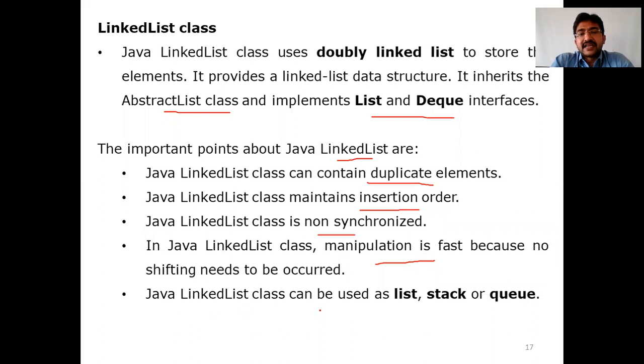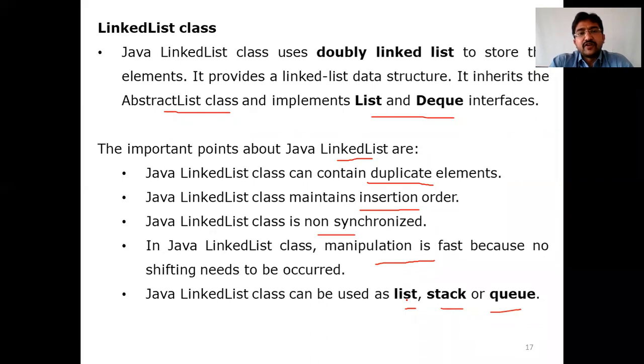And Java linked list can be used for the list concept, stack, and queue. So the difference between array list and linked list is, the array list is stored in the form of an array, whereas linked list is stored in the form of a doubly linked list.